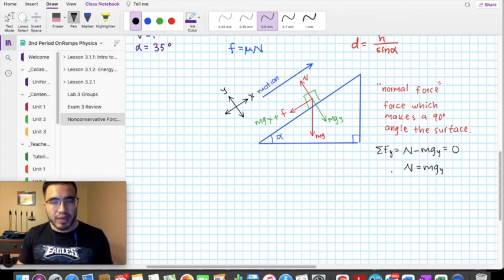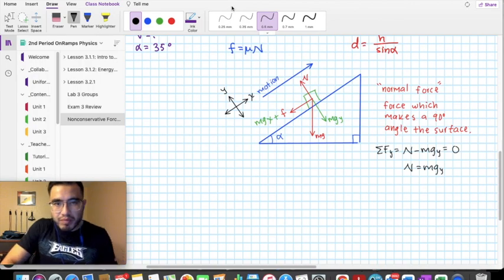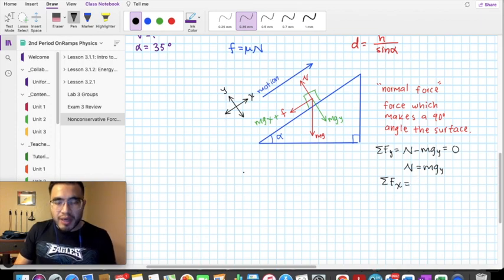In this case, we don't really have to because we're concerned about force of friction, and friction has the normal force, but let's do it just for practice, for fun, right? So we have the summation of forces along the x. So which one's positive? The one that matches the motion. In this case, none of the forces are positive.